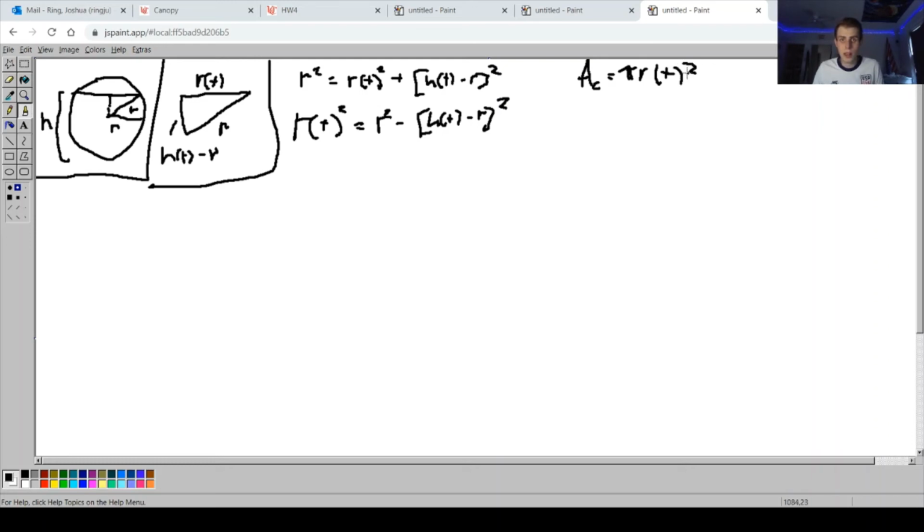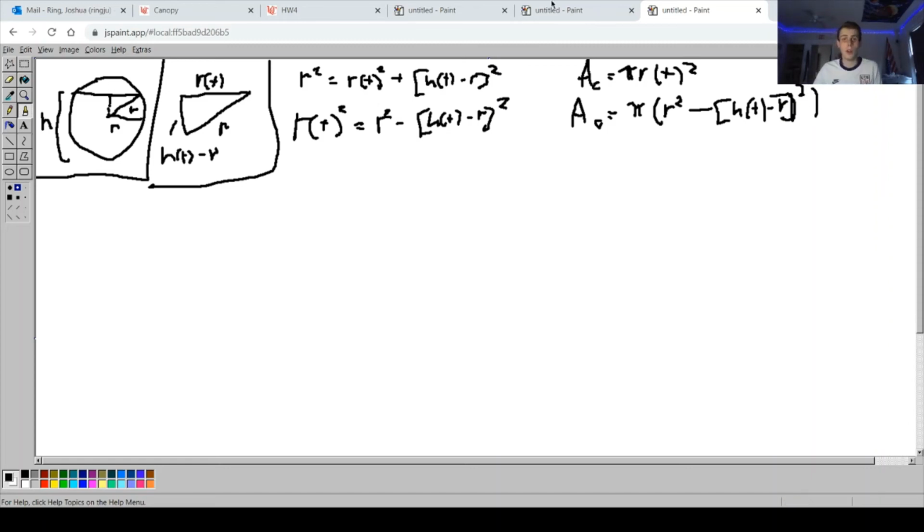So we can put the r_t in here, and we have our cross-sectional area being equal to pi times, and now we plug in our r_t, so we have R squared minus, in brackets, h of t minus R, that squared, end parentheses.